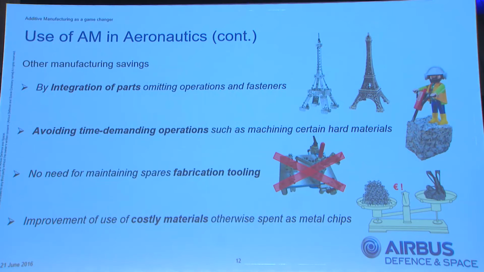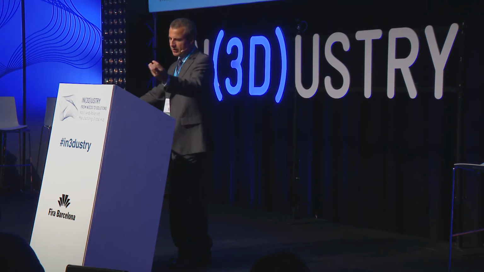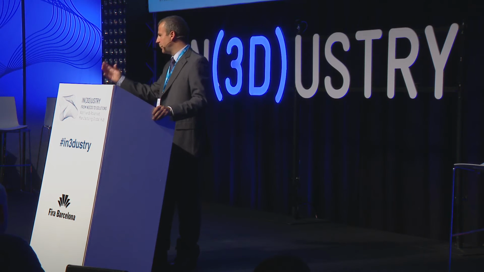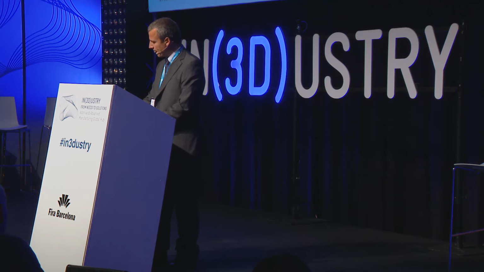Finally, if you consider some very special materials, the major part of the material is wasted in chips, for instance, for machining, you need about 8 kilos of a plate to get 1 kilo of part. For additive manufacturing, 1 kilo of part requires only 1.5 kilos to be fabricated.